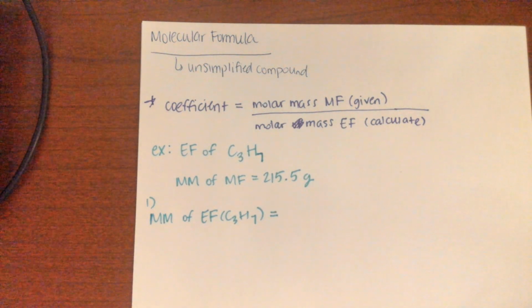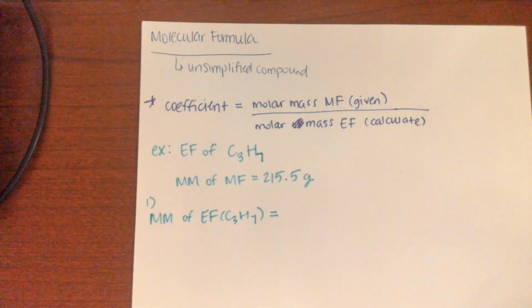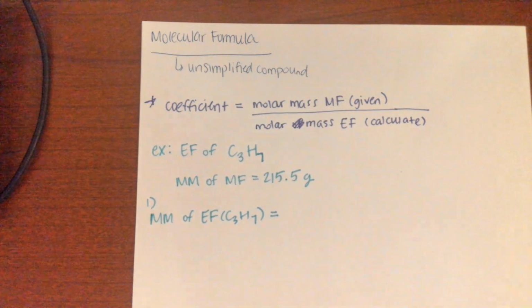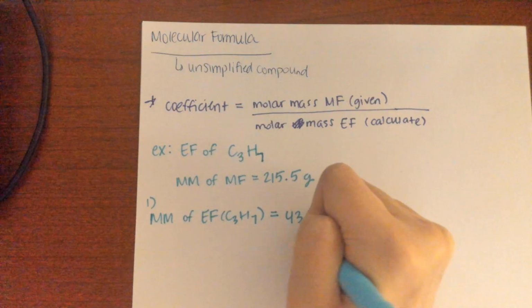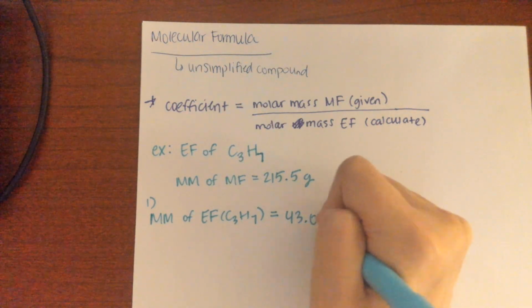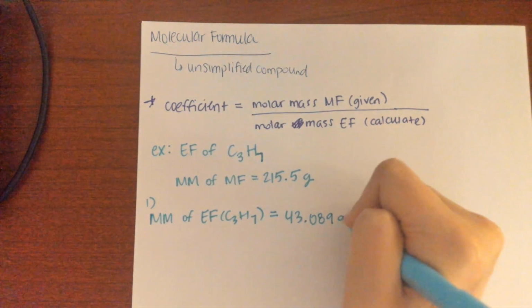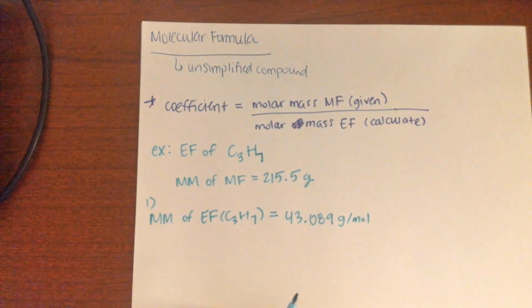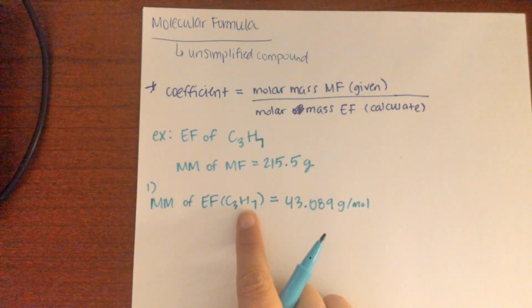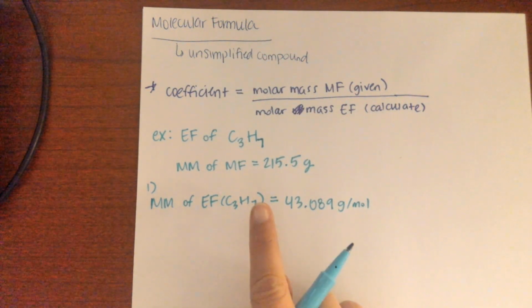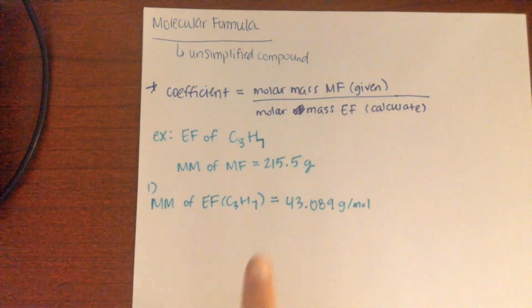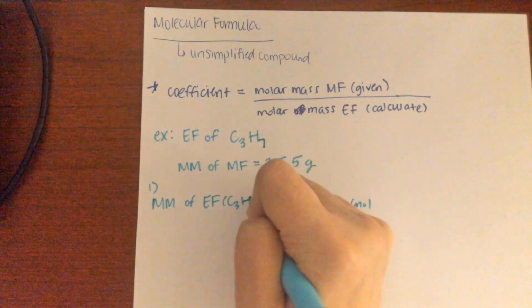Pause if you need to find it yourself. I would trust that you know how to find it. It's 43.089 grams per mole. That is the molar mass for C3H7. I just did 3 carbons plus 7 hydrogens, and altogether I get 43.